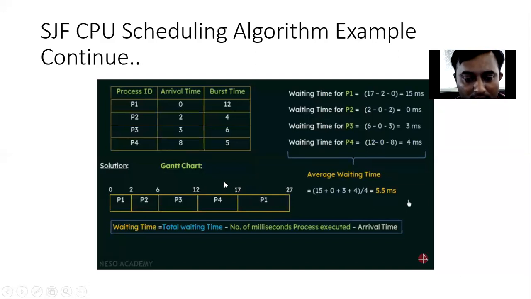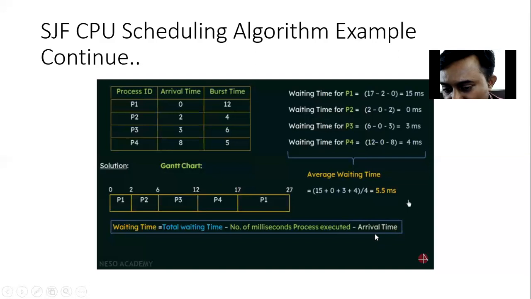Yes, P1 already executed for 2 units of time in the previous case. So the waiting time is 17 minus the number of milliseconds already executed, which is 2, minus the arrival time of P1.